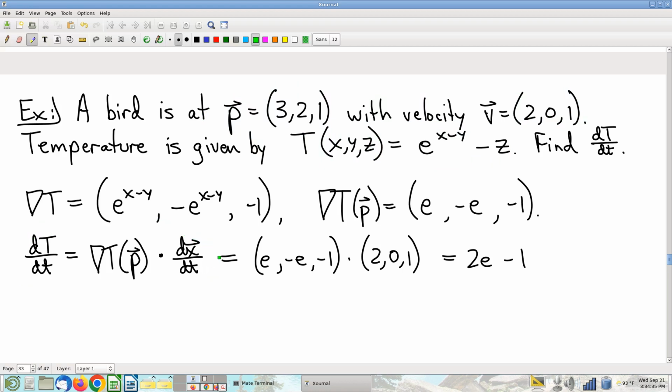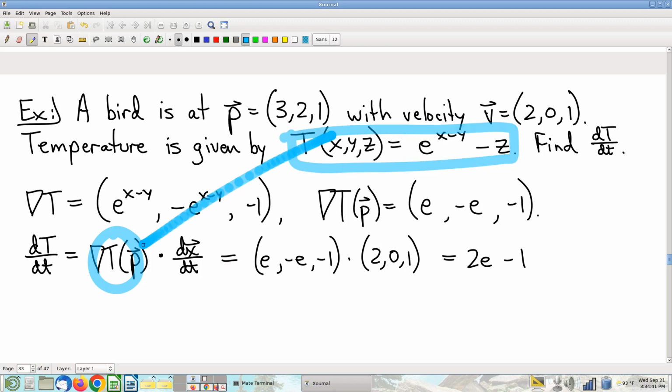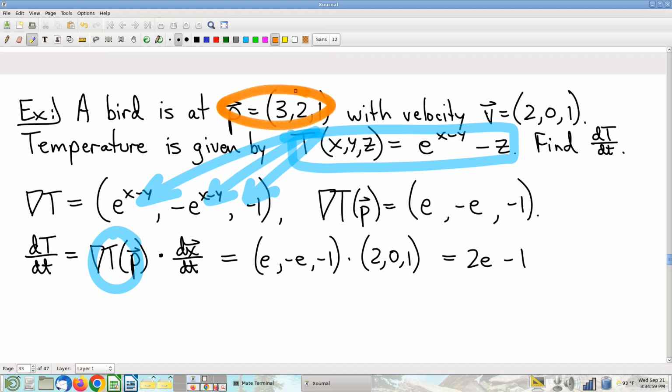This gradient vector, how are we going to compute this gradient vector? Well, just straight out of the function, take the various partials, and we get this, and that. Those are the x, y, and z partials, respectively. And you plug in the point in question.